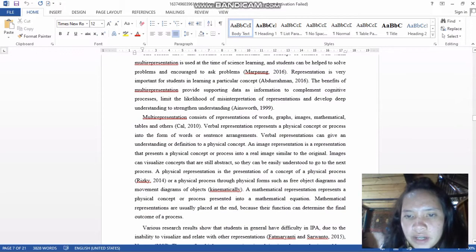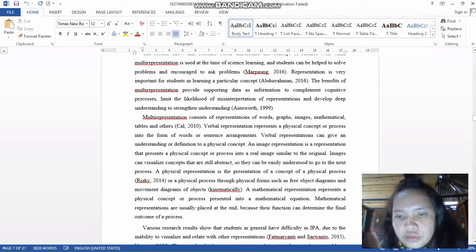Verbal representation can give an understanding of definition to a physical concept. An image representation is a representation that presents a physical concept or process into a real image similar to the original. Image can visualize concepts that are still abstract, so they can be easily understood to go to the next process.